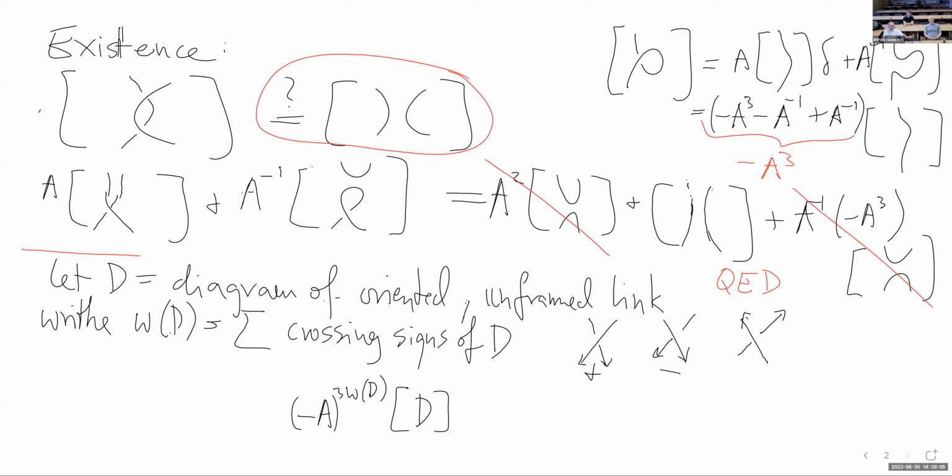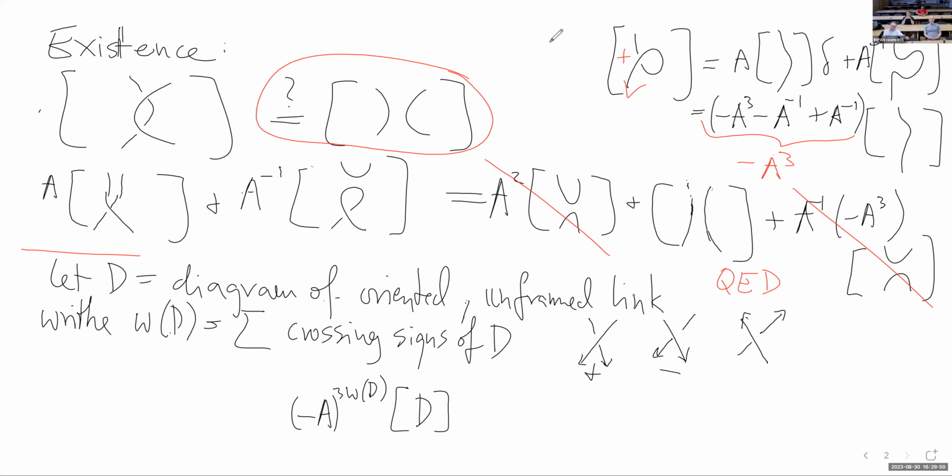So I want to consider this quantity. Now, first of all, it's invariant under second and third Reidemeister moves, because second and third Reidemeister moves don't change the writhe. The second move adds a positive and a negative crossing, and the third one doesn't change the crossings. What happens on the first Reidemeister move? Well, the bracket of D is going to be multiplied by this factor, but also the writhe changes, because no matter how you orient it, this will be a positive crossing.